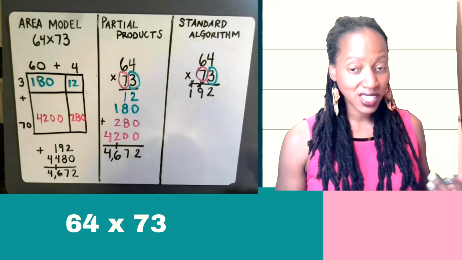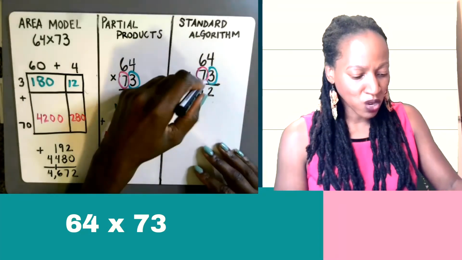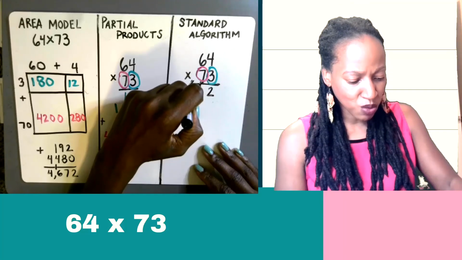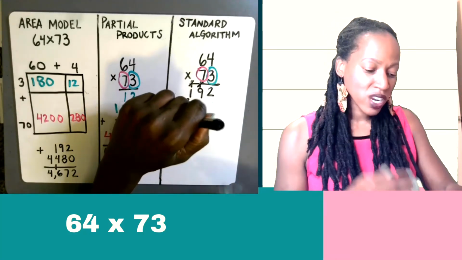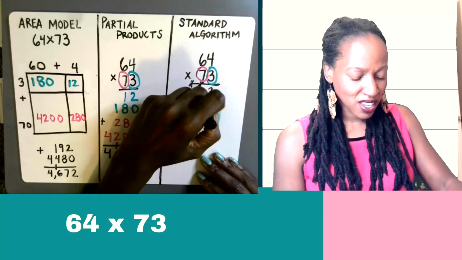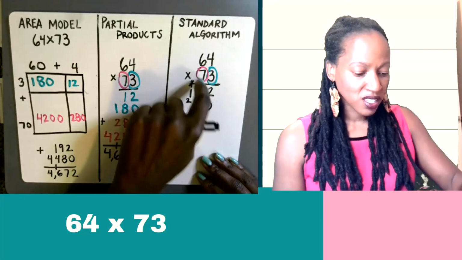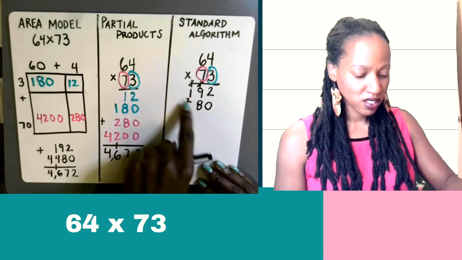Because I have more than 10, I'm going to bundle 20 of those tens, regroup them and call them 200. So I'm going to put a little 2 right here to show that I have regrouped them. And then I will have 8 tens and 0 ones remaining. 7 tens times 4 ones gives me 280.